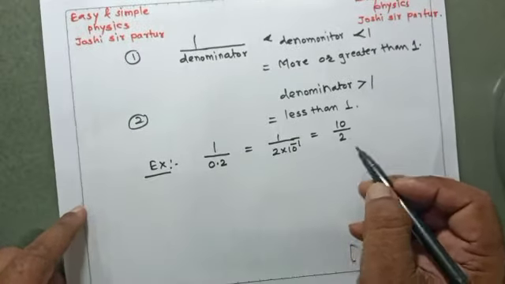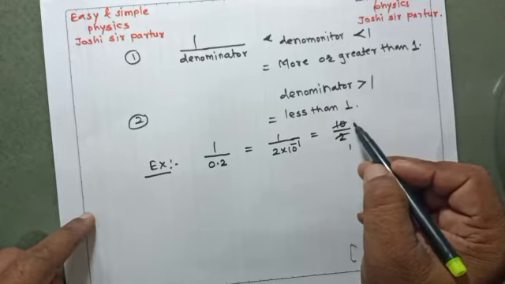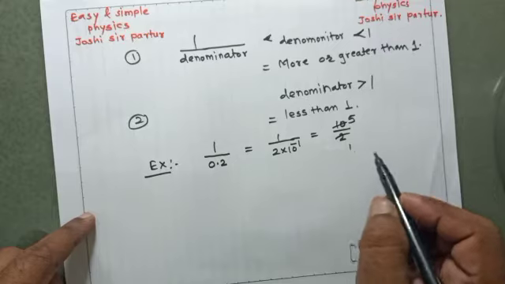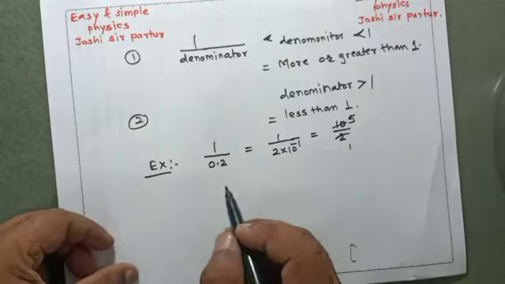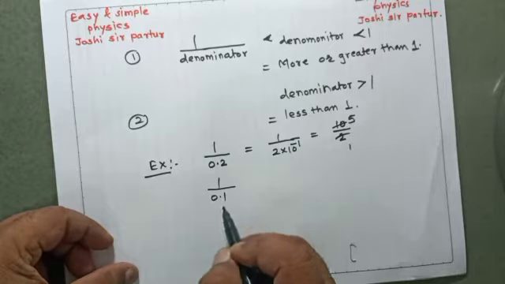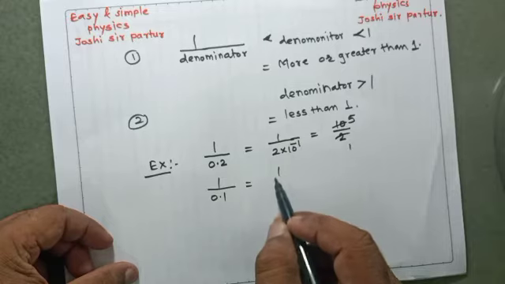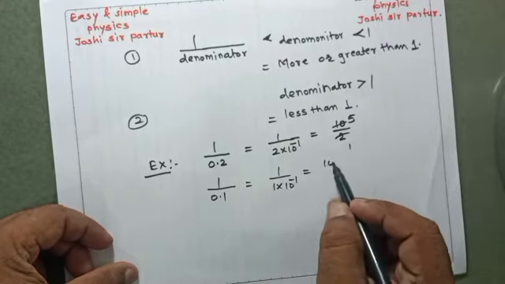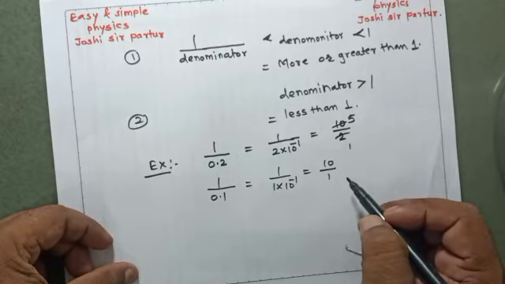When 10 is divided by 2, the answer will be 5, which is greater than 1. Suppose 1 upon 0.1 is there. It will be 1 upon 1 into 10 raised to minus 1. Then it is 10 upon 1. So 10 is greater than 1.